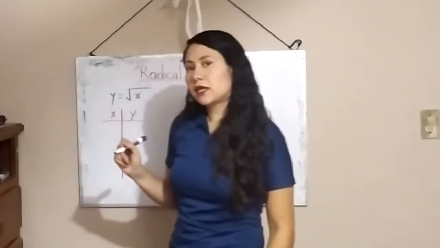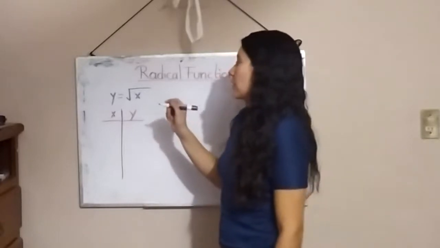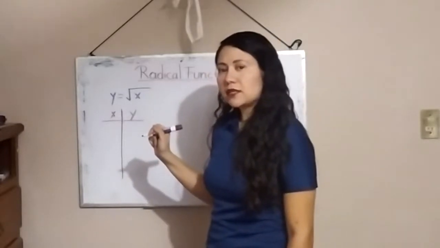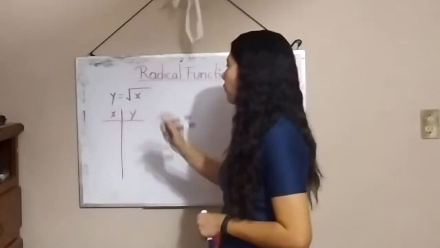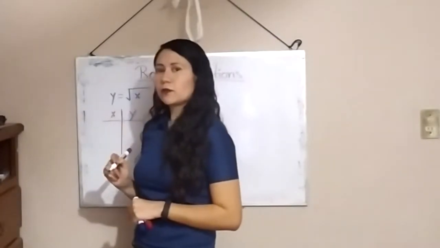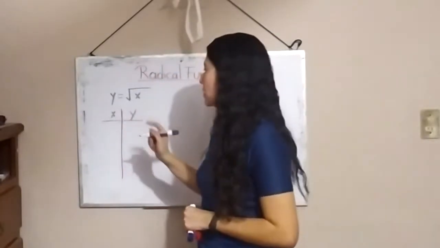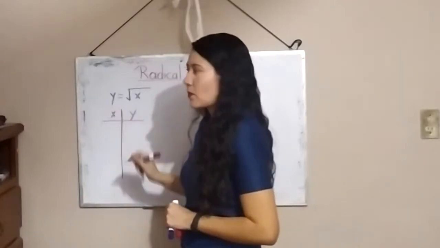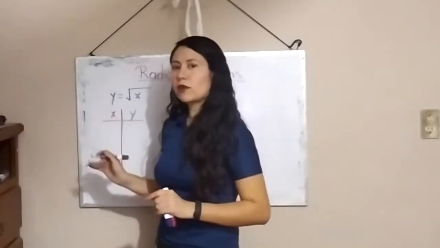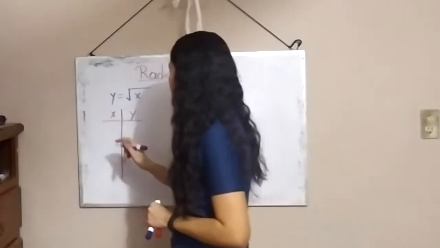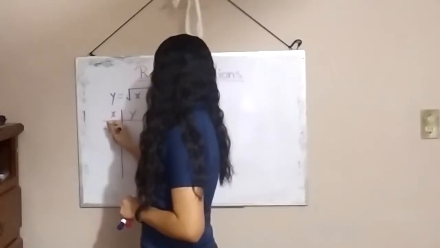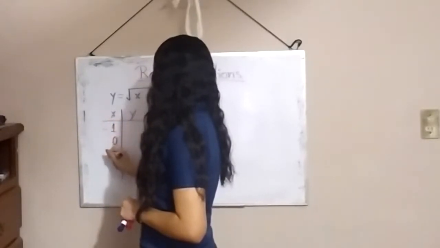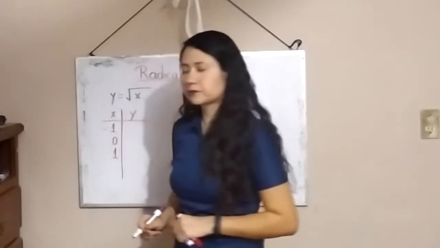We always recommend that you use negative, positive, and 0 values for x, but this time is different and we're going to see why. Let's use the normal values we use: -1, 0, and 1.